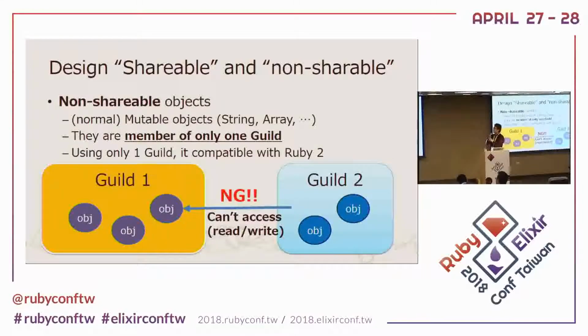At first, normal objects, if we make a string or array or something like that, are non-shared objects. You can't share such normal objects between guilds. It means that if these three objects are created in guild 1, then guild 2 cannot access these three objects.